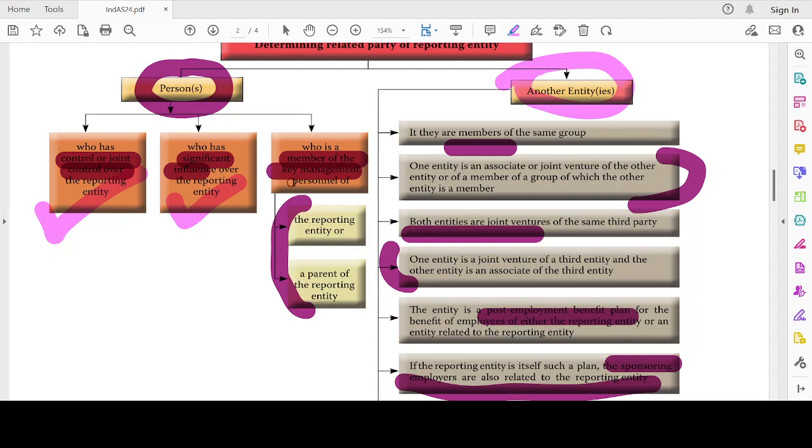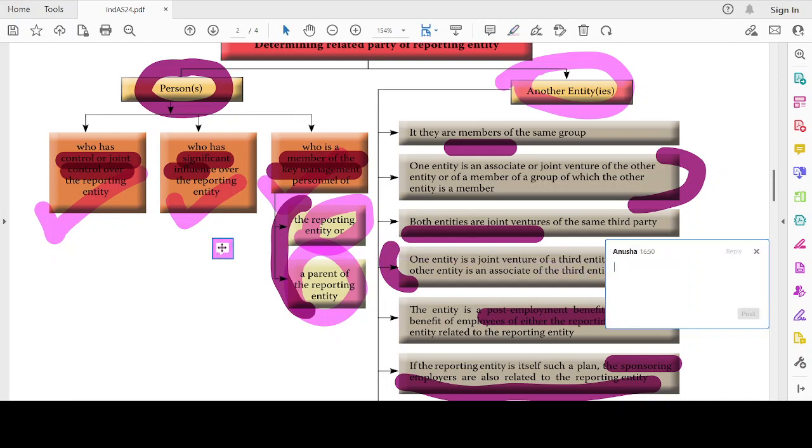Who is a member of the key management personnel? For example, a director or executive director, whatever it may be, or a CFO or CEO, who is a key management personnel of the reporting entity or the parent of the reporting entity. Let's say Mr. A is a director, so he is a KMP.